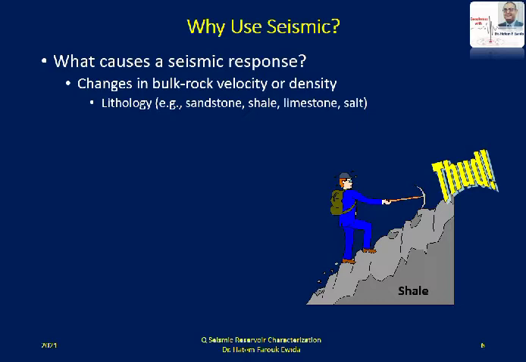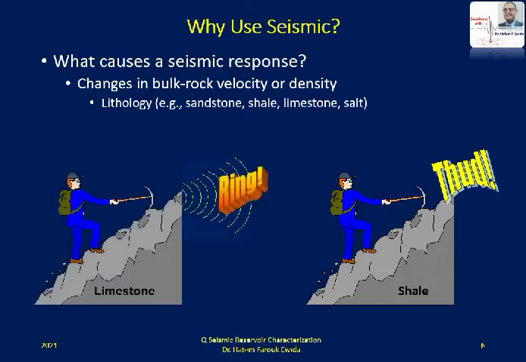What type of sound will you hear? Is it equal to that when you hit a limestone? It's different. Why do I get these differences? Because of the difference in density between the shale and limestone, and also the difference in the velocity of sound propagation within each type of rock. So it is coming from this very simple basis.